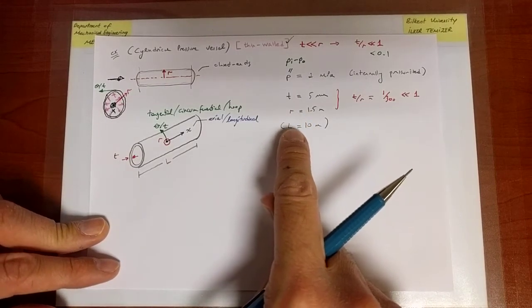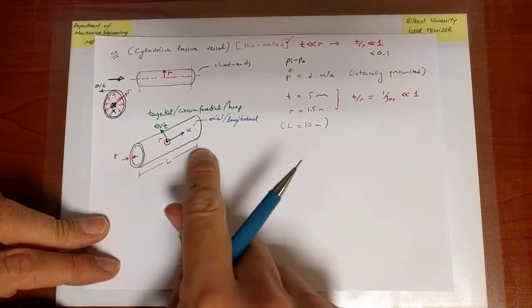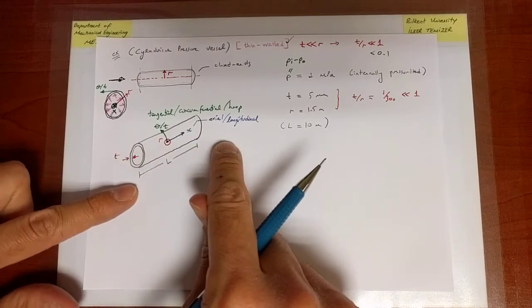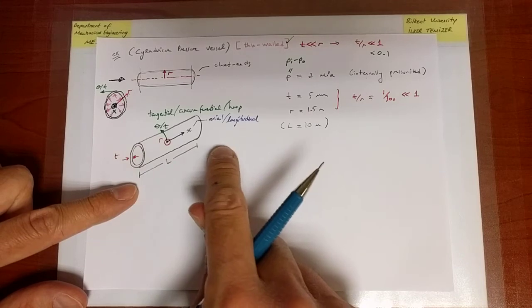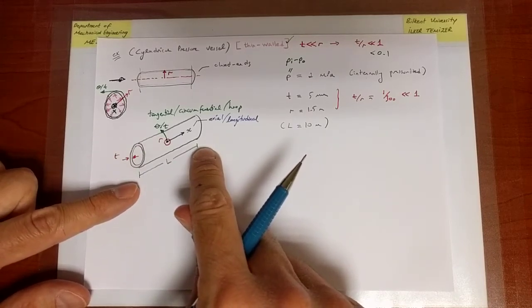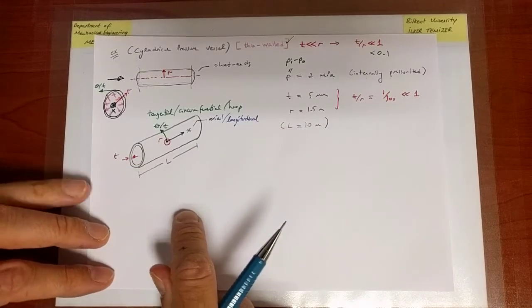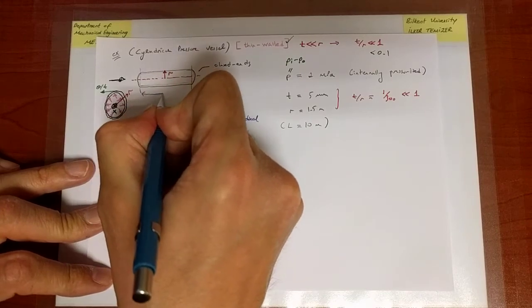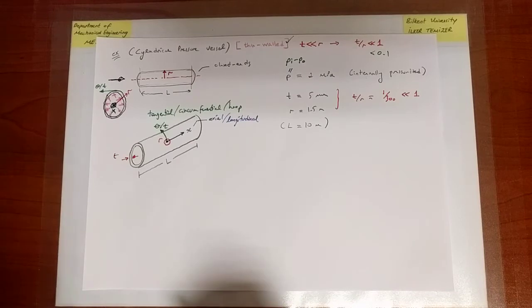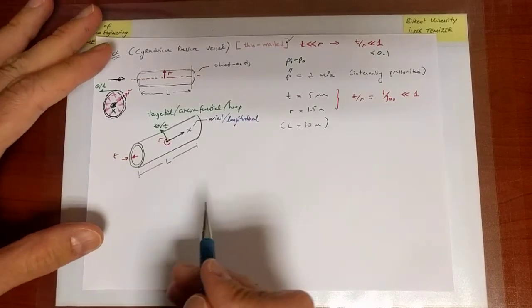So for the purposes of stress derivation, this length is not important, but we are going to be eventually concerned with the elongation of this cylindrical pressure vessel due to the action of the pressure, and then we will refer our strain with respect to a relative dimension, and that's going to be this length L. Okay, so therefore it might be useful to imagine this L to be the length of the cylinder that we have.